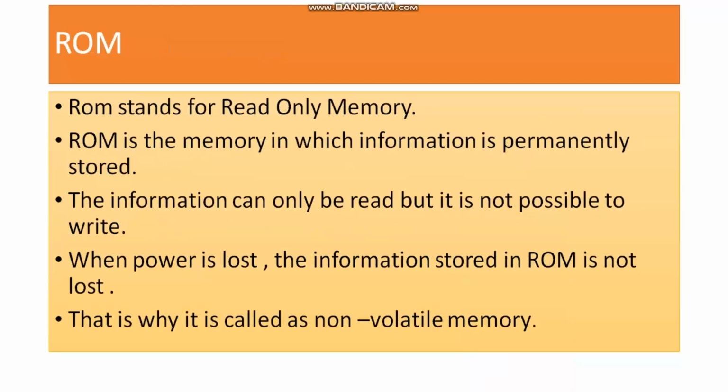Next we have ROM. ROM stands for read only memory. In this you can only read, you cannot write to this memory, and the information is permanently stored. In RAM the information was lost during power loss, but here the information stays stored even when the power is lost. That is why it is called non-volatile memory.